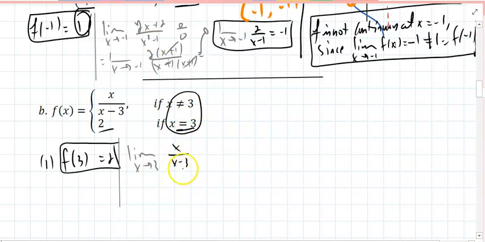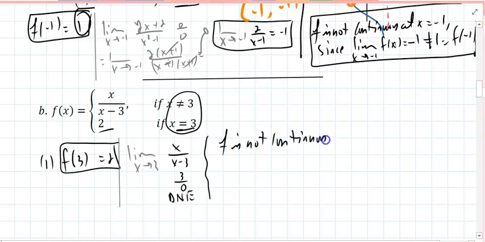I plug that in, what do I get? I get 3 over 0. Do you remember what that means? Does not exist. f is not continuous at x equals 3, since the limit does not exist.